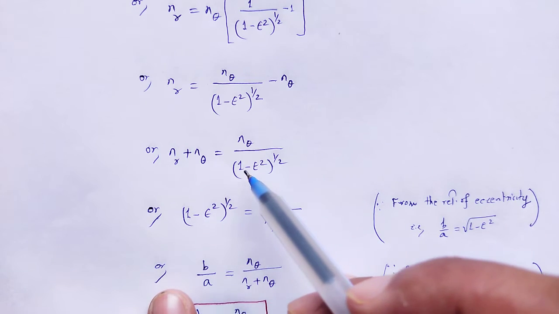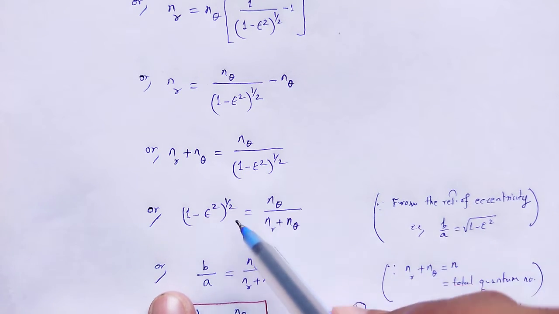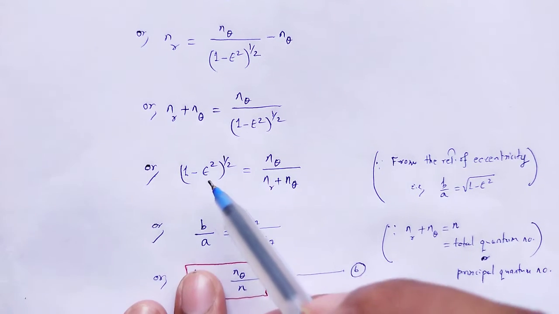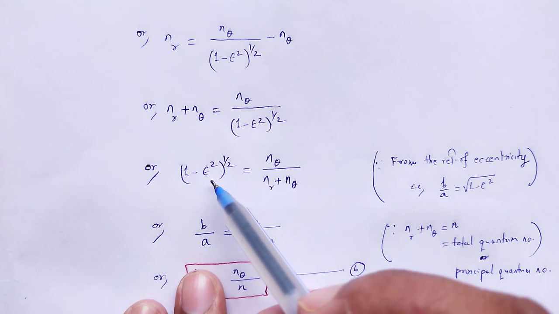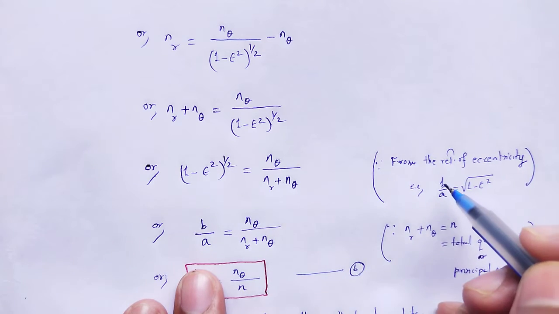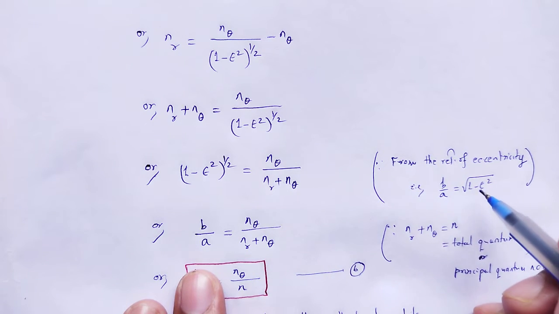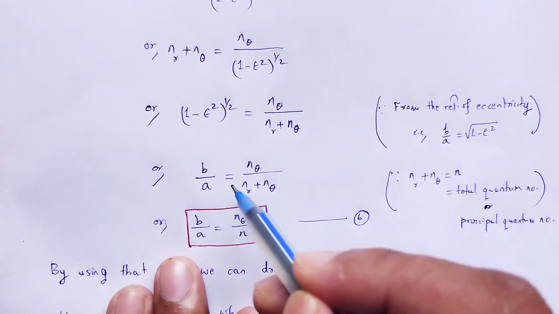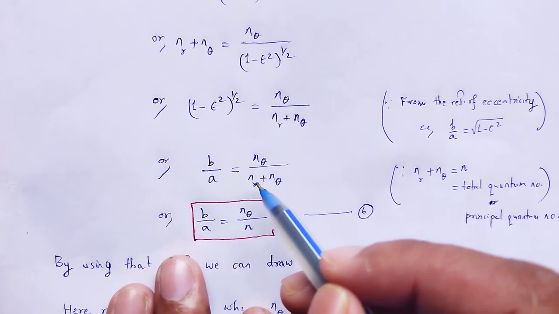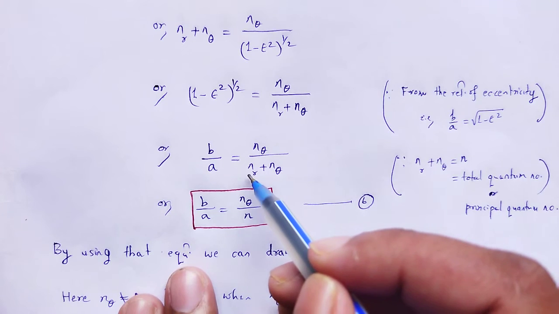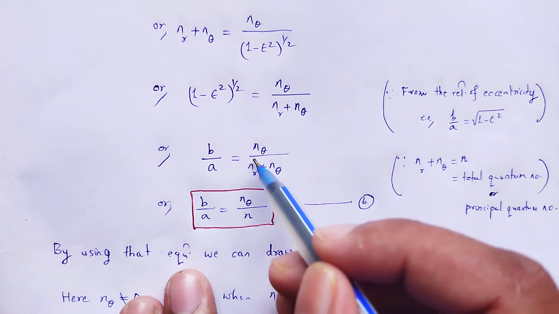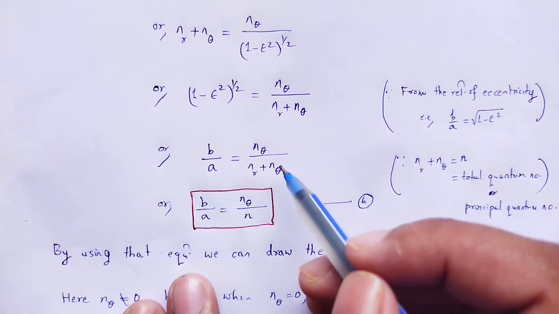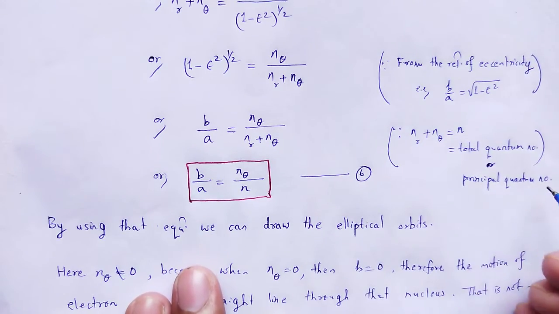Under cross multiplication, 1 minus epsilon square half is equal to n theta divided by nr plus n theta. This is the relation of eccentricity, as b by a is equal to 1 minus epsilon square under root. Instead of that, we use b by a is equal to n theta divided by nr plus n theta. This is the sum of the radial quantum number plus the azimuthal quantum number, that is the total quantum number, which is called the principal quantum number.